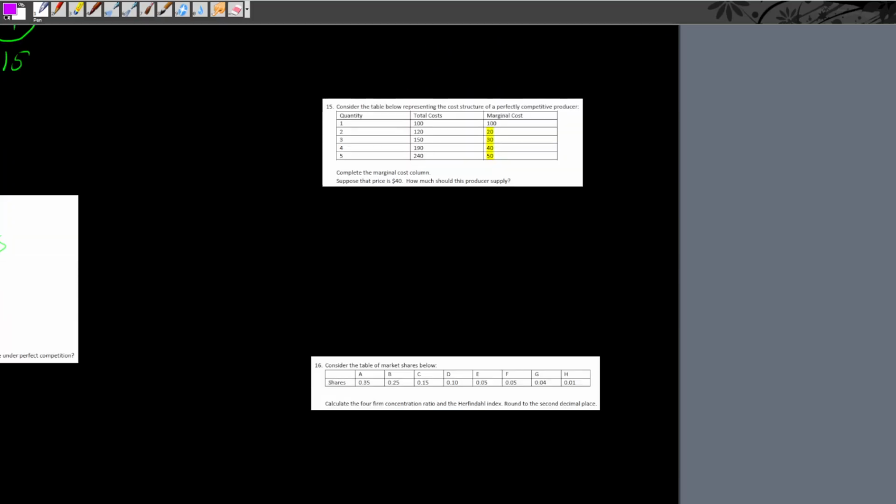All right, so here we've got a table representing the cost structure of a perfectly competitive producer. I ask you to complete the marginal cost column. Suppose the price is $40. How much should this producer supply? The important thing to know here is that for a perfectly competitive producer, price is equal to the demand curve, which is the same thing as the marginal revenue curve.